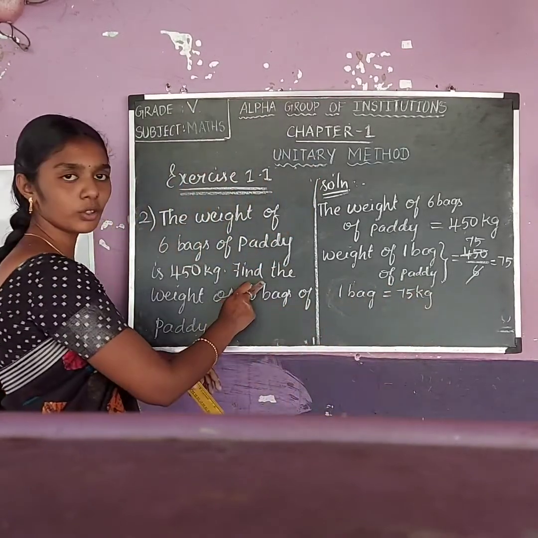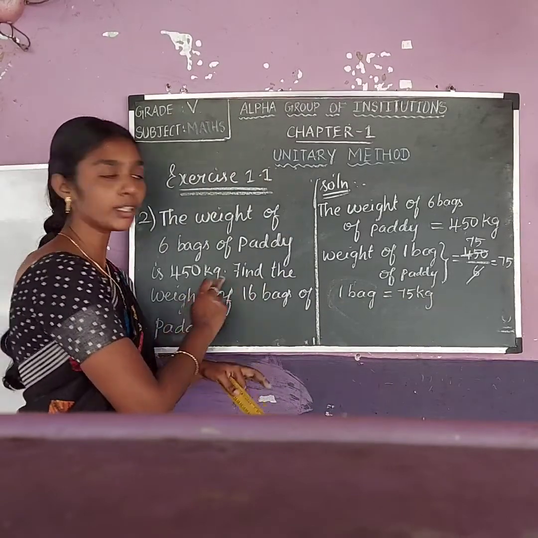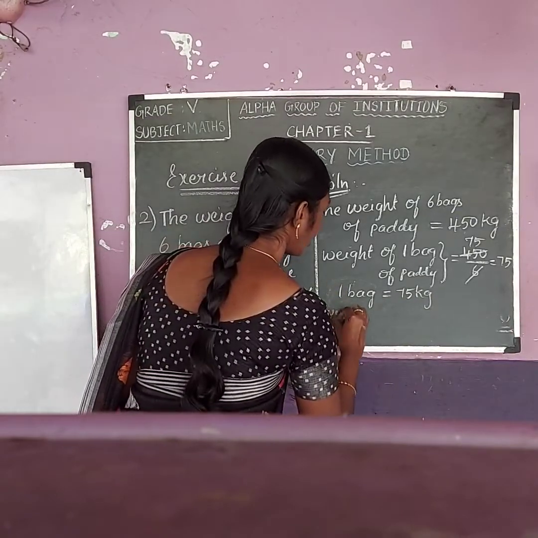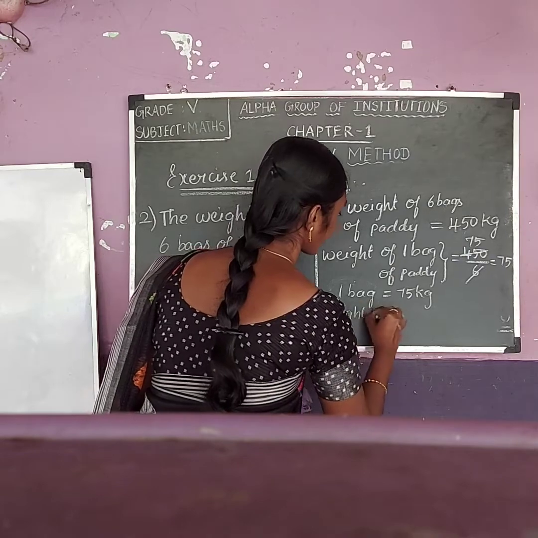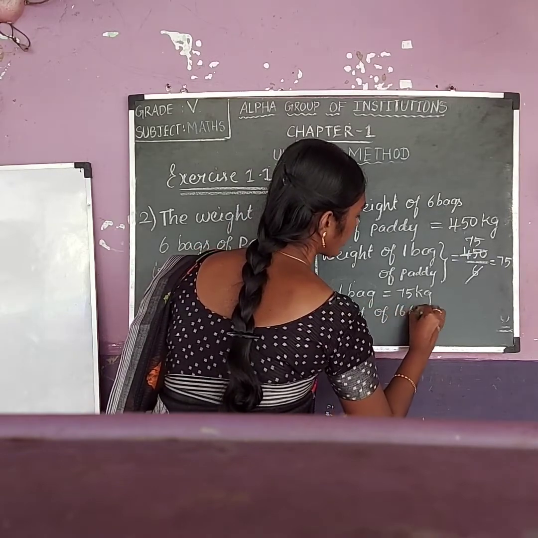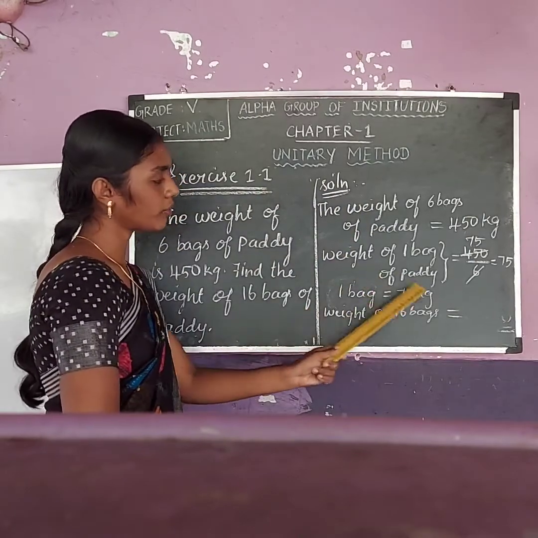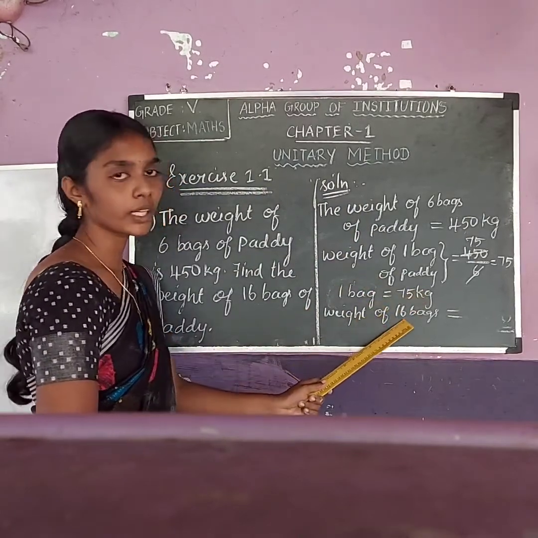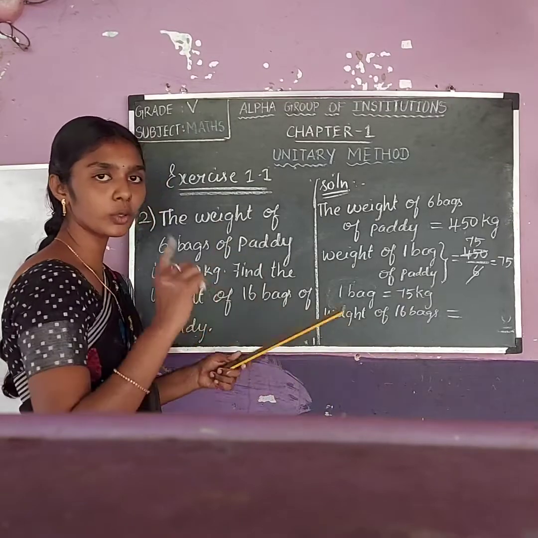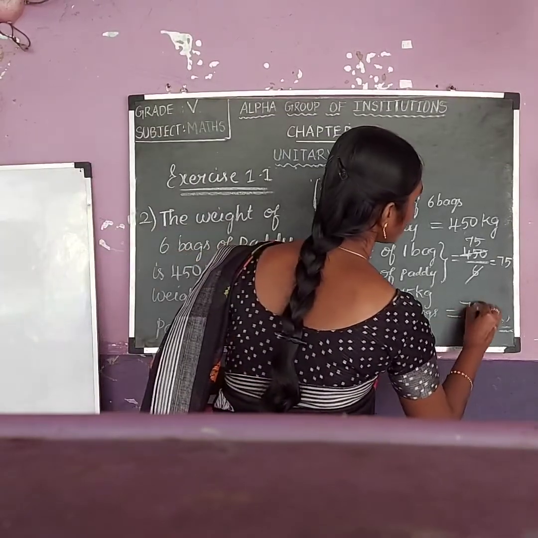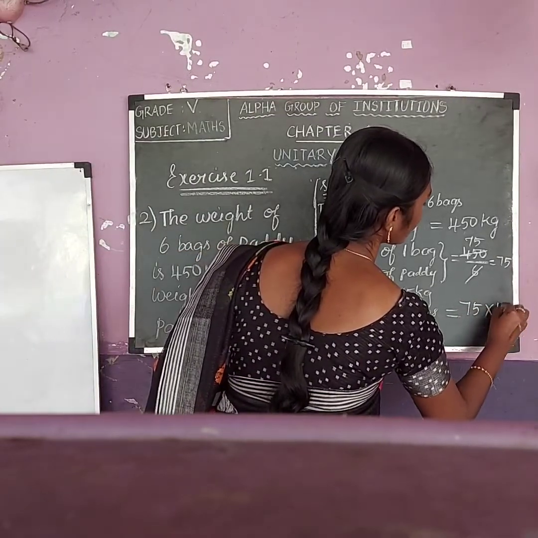Now what do we want to find? We want to find the weight of 16 bags. The weight of 16 bags: the unit value is known and we want to find the value for many units. So we want to multiply these two terms, that is 75 into 16.